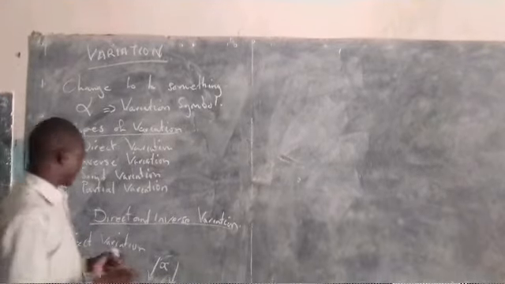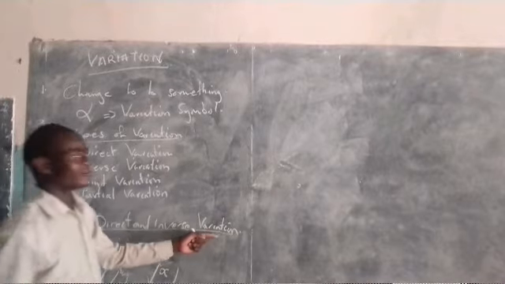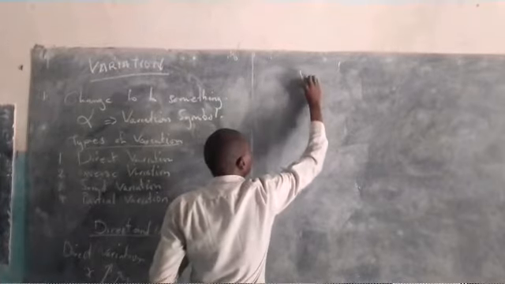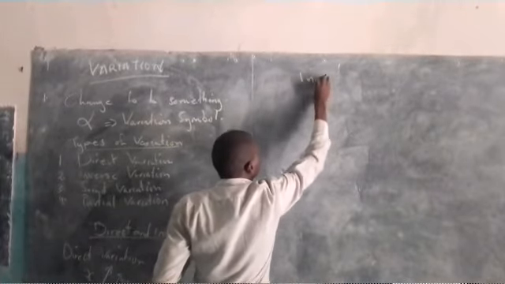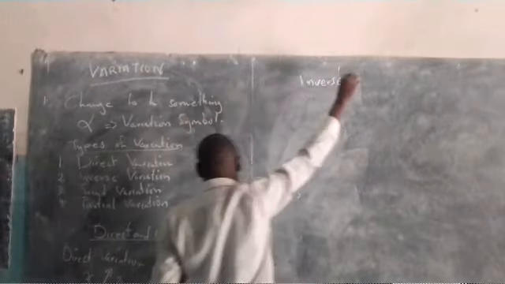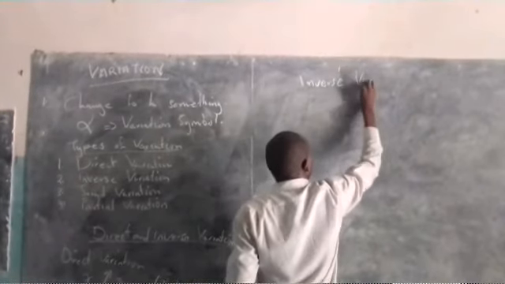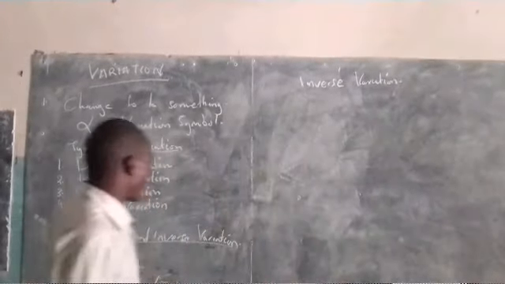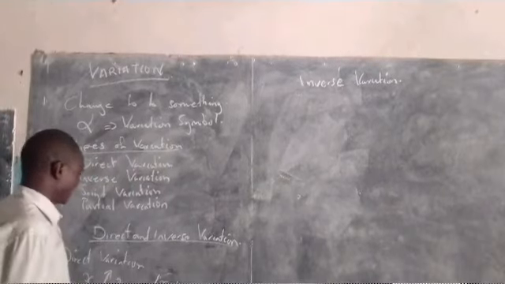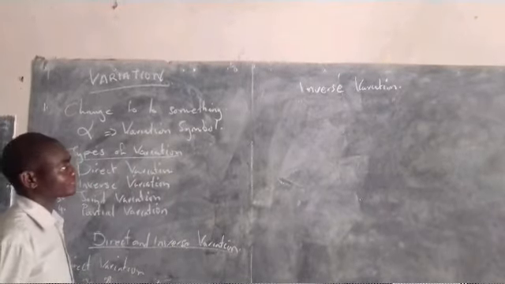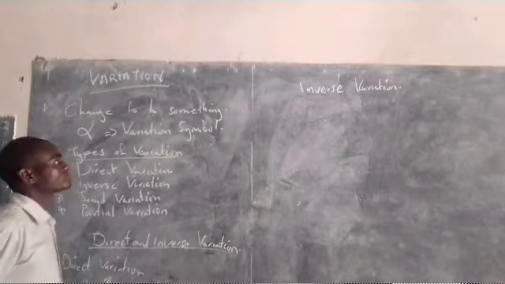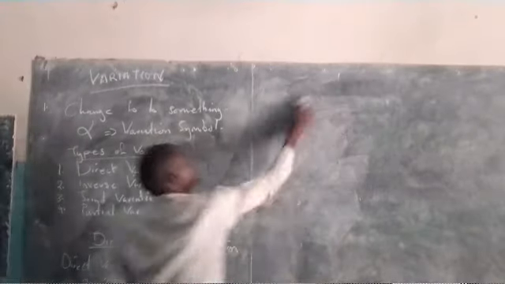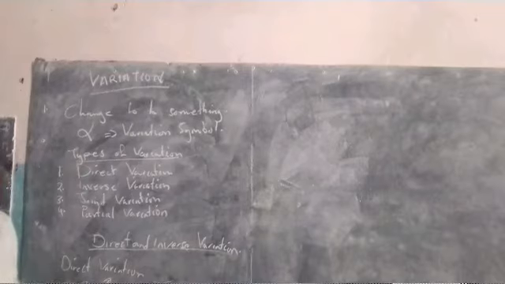Now, let's also look at the inverse kind of variation. Inverse variation. What do we mean by saying inverse variation? Okay? Or before we go further, let me give you an illustration on the direct variation.